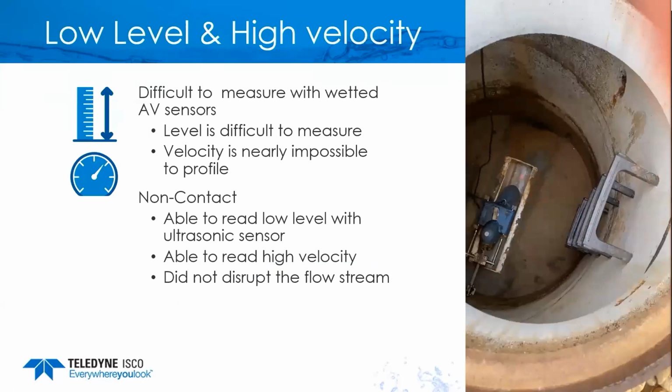The water was moving really fast, which makes it difficult to take a level reading. It's almost impossible to do a velocity profile because the water depth was only about 1 inch and 7 foot per second. So in applications like this, possibly using a non-contact sensor may be better because we're not going to disturb the flow stream, and you're able to get an accurate level reading with an ultrasonic sensor.